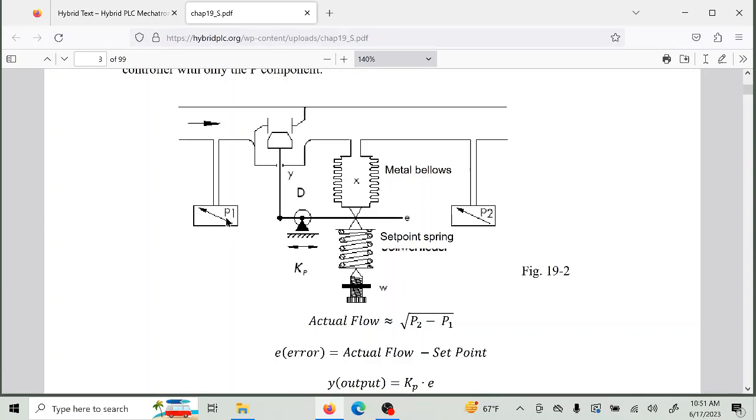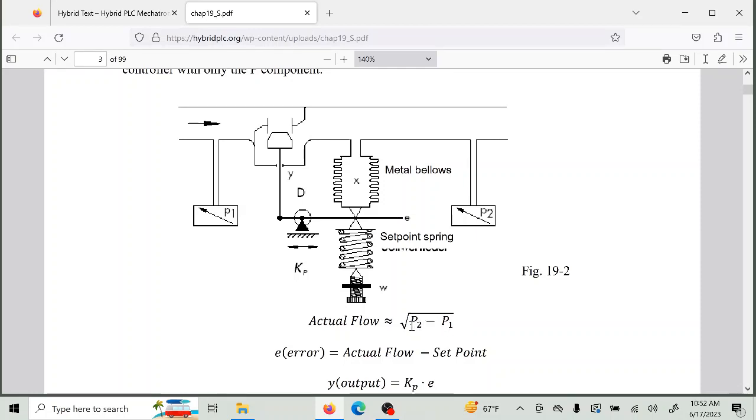Now we have a P1 and a P2. They're in a bellows, one pushing against the other, P1 pushing against P2. So we have the P2, we have the P1, and this bellows can be moving up or down. Now the actual flow is related to the square root of P2 minus P1, or P1 minus P2.